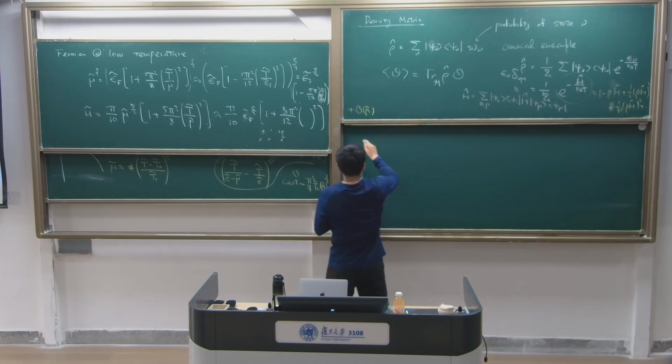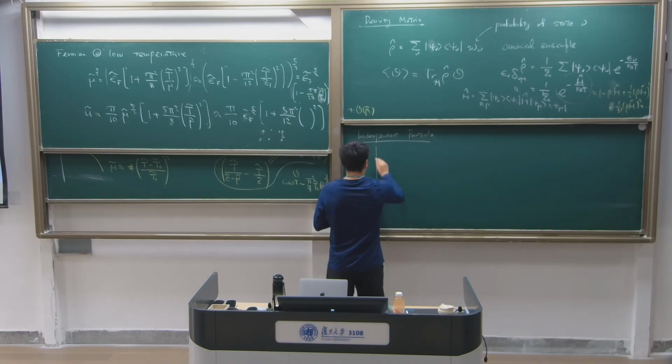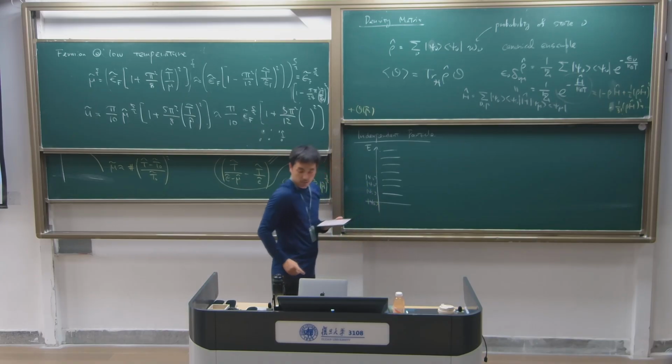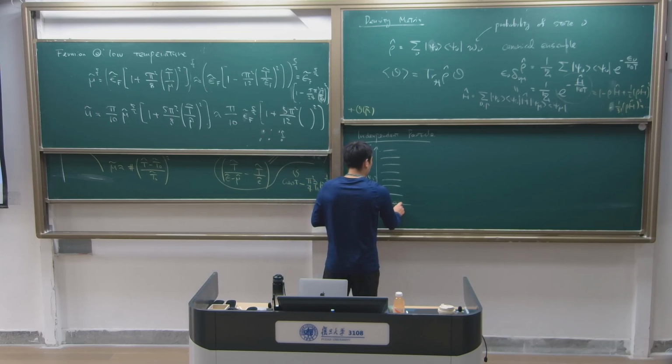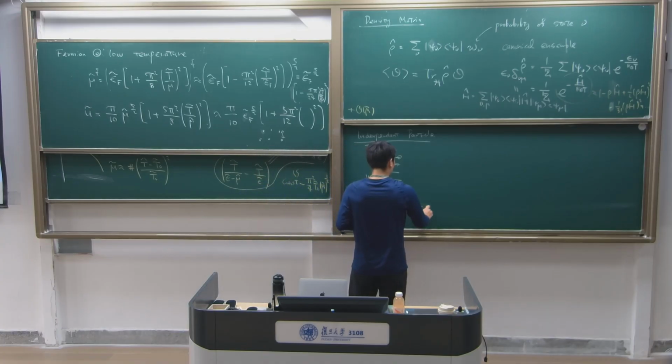Now, identical particles, independent. If you have states psi 0, the ground state, psi 1, psi 2, psi 3 and so on, for bosons you can have multiple particles in a state. So for example n0 equals 3, n1 equals 1, n2 equals 2, n3 equals 1, n4 equals 0, and so on.